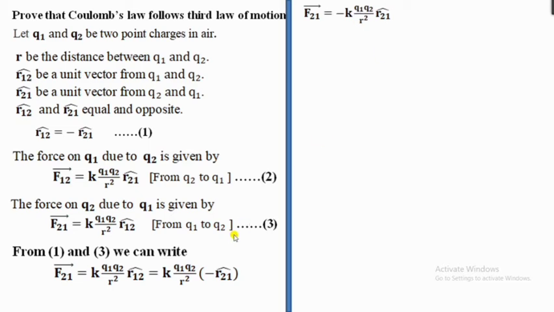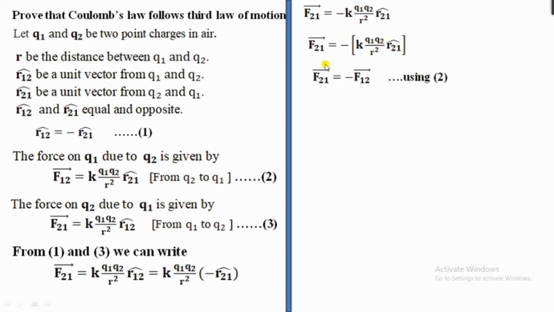Now if I multiply this minus sign in front, you will get this, and if I take this minus common, you can see the term inside the bracket K Q1 Q2 by R square into R21 is F12. So I can replace this by F12 using equation number 2.